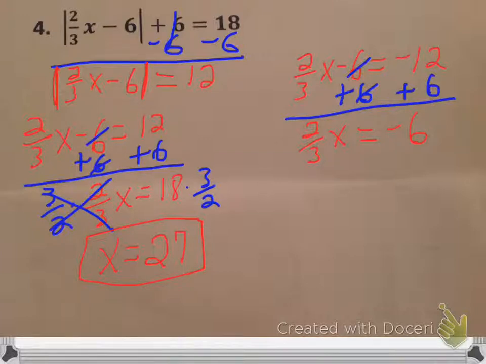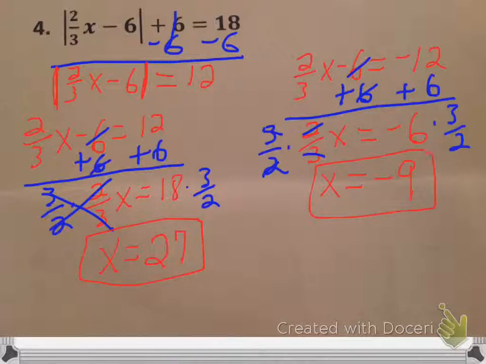Have to get rid of the 2 thirds again, so I'll multiply by the reciprocal, 3 over 2, which cancels 2 and 2, and leaves us with x equals, oh sorry, forgot to multiply the other side by 3 over 2 as well. And that's going to give us negative 6 times 3 is negative 18. Negative 18 divided by 2 is a negative 9. And that is your answer for this side.